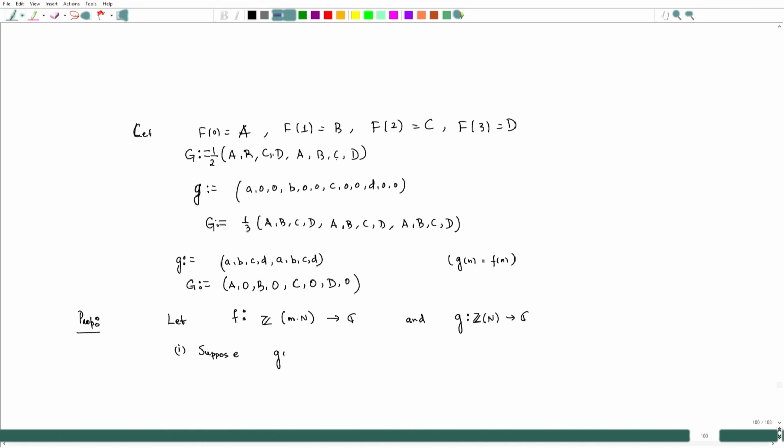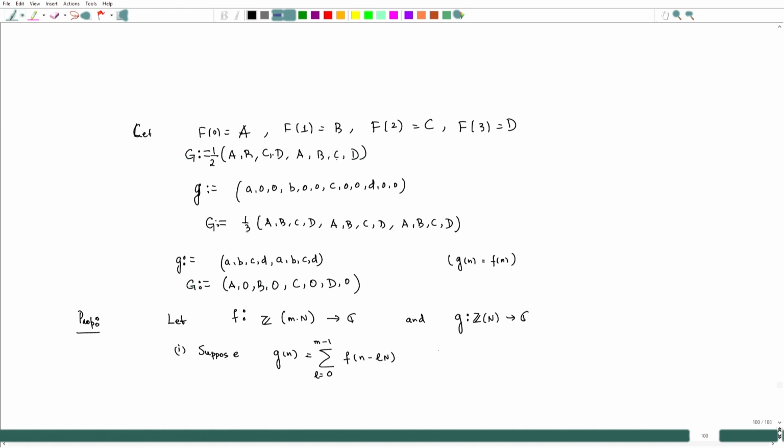So, one, suppose g of n is what I am doing, some sort of periodization, such that I will get into Z_{mn}. Now this function I am defining to be the sum over L equal to 0 to m minus 1 of f of n minus Ln. This is a periodization.